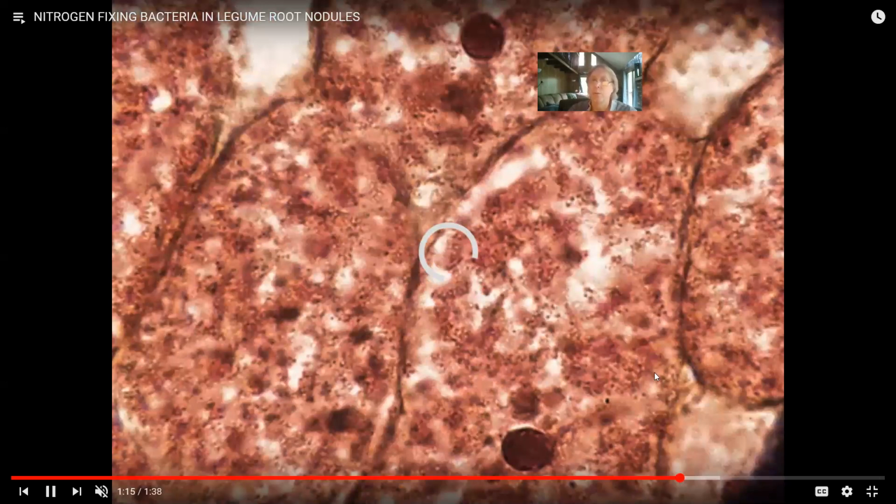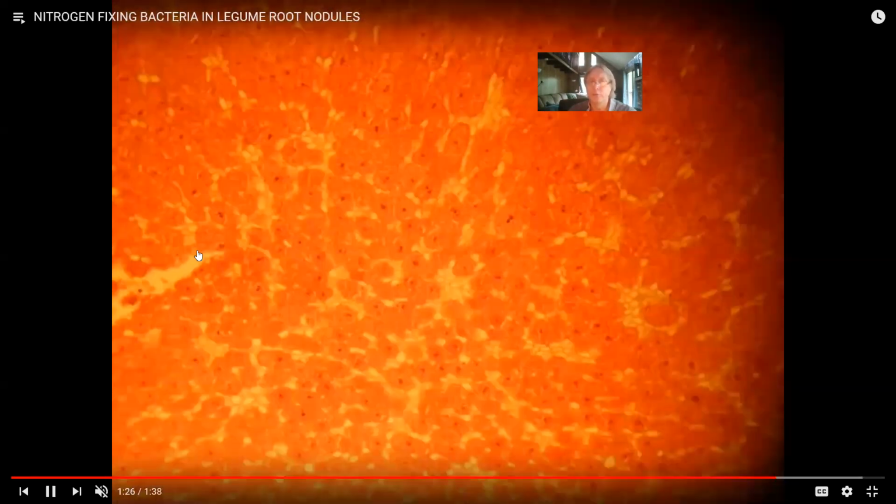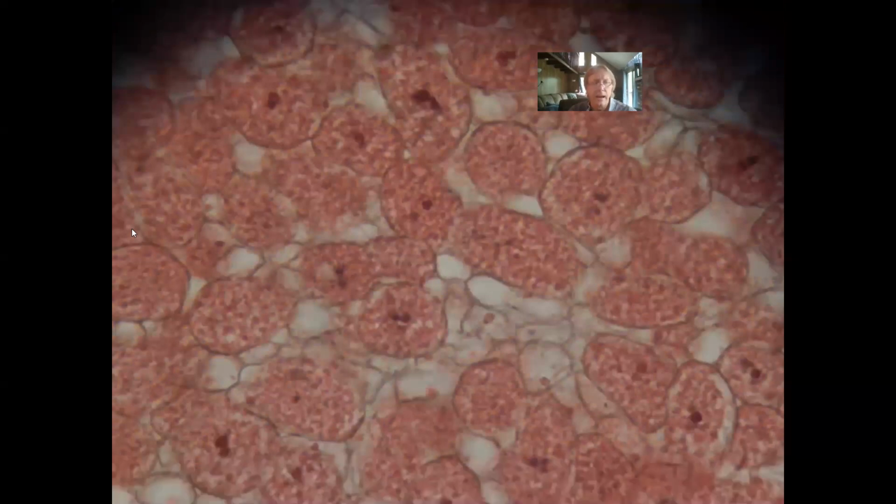So this plant is feeding bacteria living inside its cells, but in exchange, the bacteria are fixing nitrogen, which the plant needs. And this allows these legumes to grow in nitrogen-poor soils where other plants would not be able to grow well.